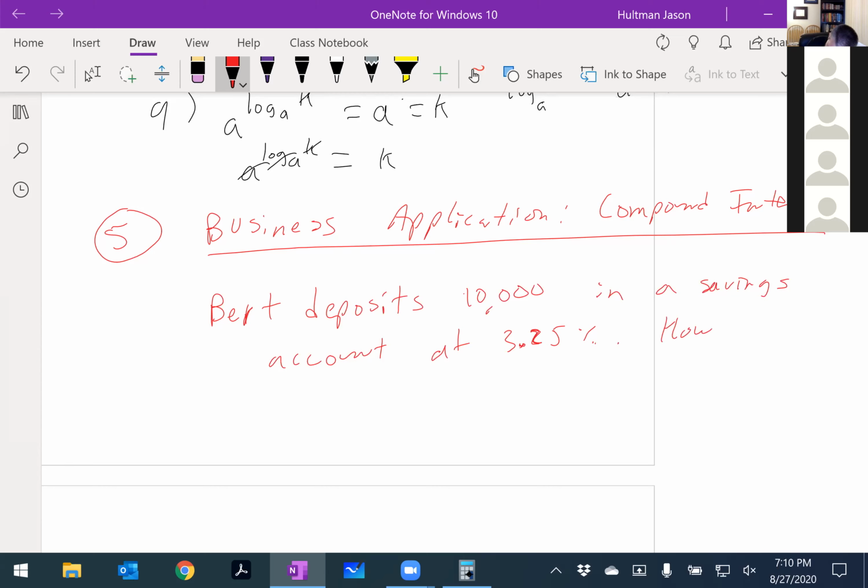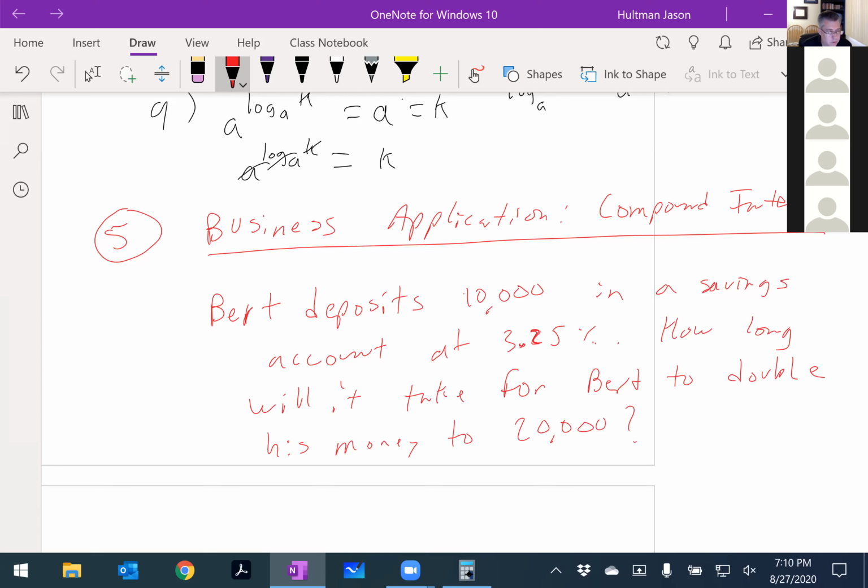How long will it take for Bert to double his money to $20,000? About how long is it going to take him to double his money to $20,000?